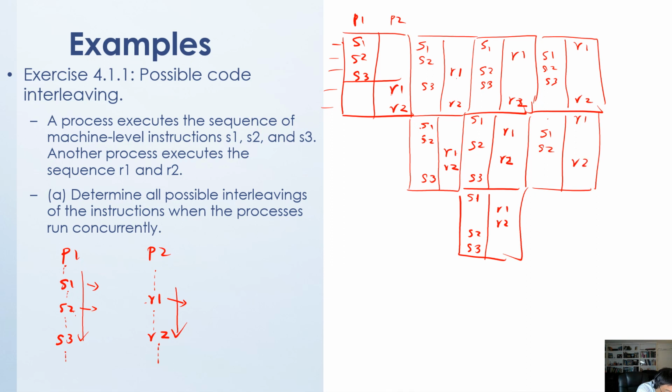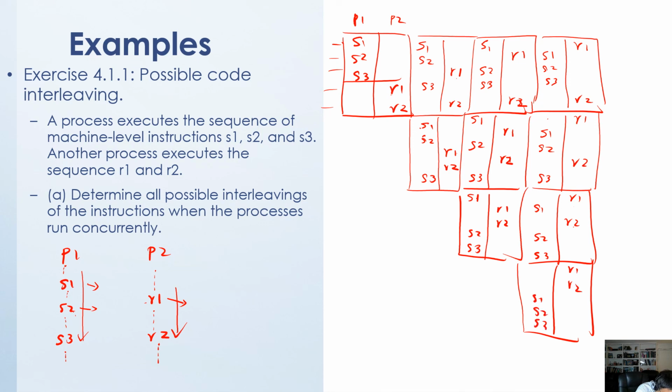I move R2 up one position, and then again: R1, S1, R2, S2, S3. And then move up R2 again. So I have R1, R2, S1, S2, S3.